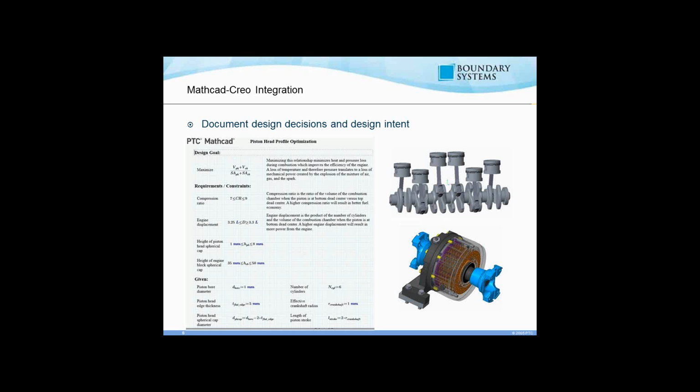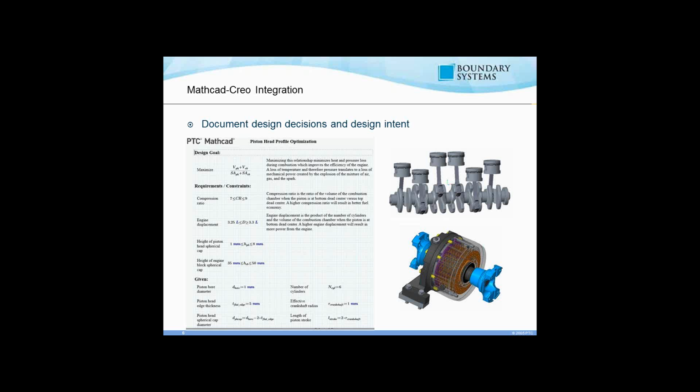Now, one of the typical use cases that this was designed for is to document design decisions. Typically, whenever you build a design, you have to describe what you've done to any other engineer in the company that's going to use your work.